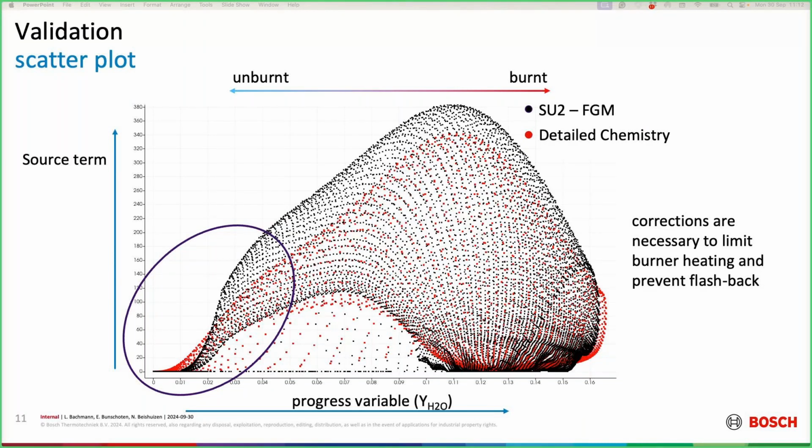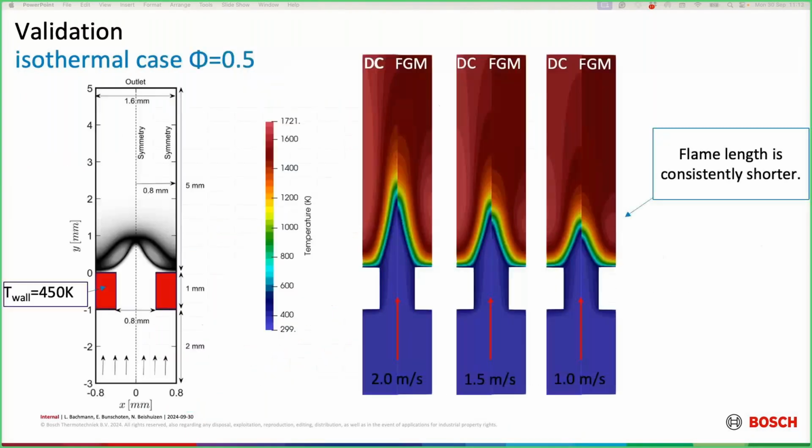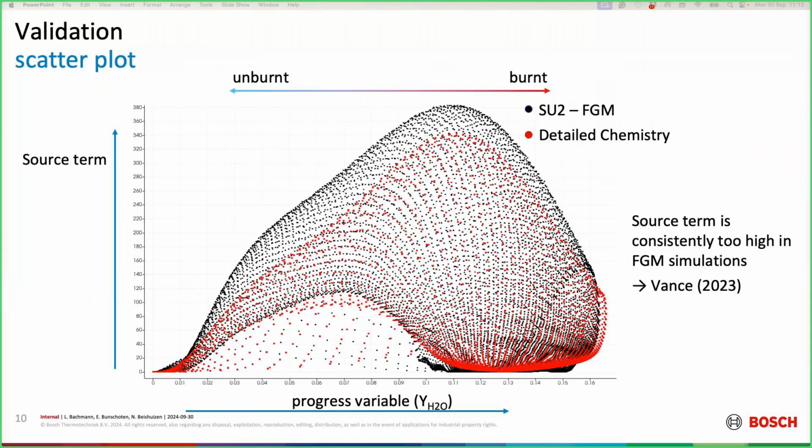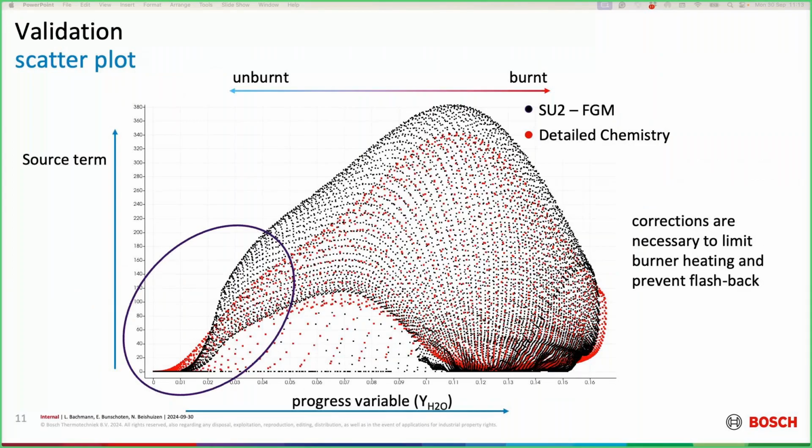Because before that, the burner was just heating up and heating up until we got to flashback. However, as you saw here, we still have this lower flame height. So with this correction, it is not really possible to simulate the flashback at the correct position.